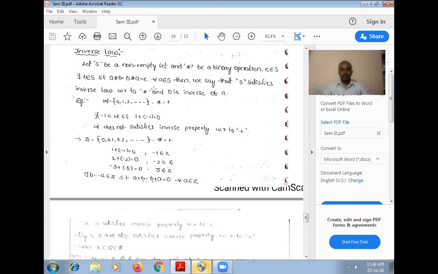Let E belong to S be the identity element. If for every A belongs to S, there exists B belongs to S such that A star B equal to B star A equal to E, then we say that S satisfies the inverse law with respect to star, and B is the inverse of A.